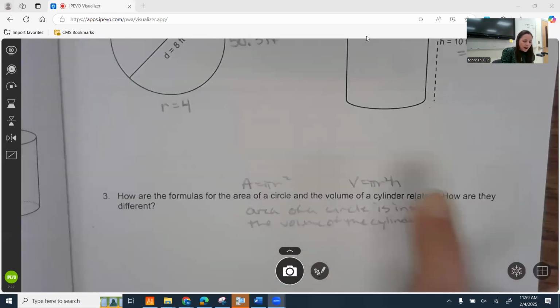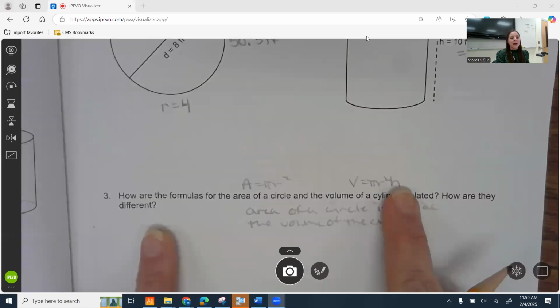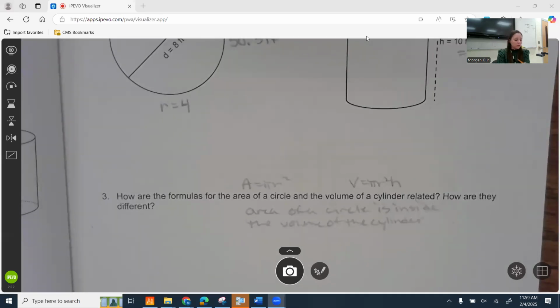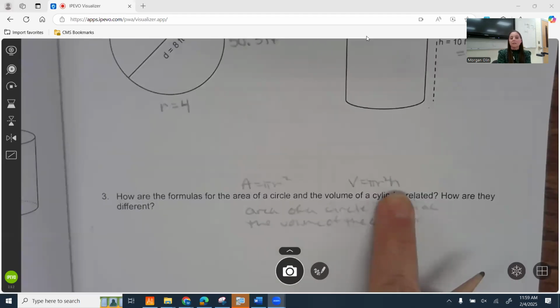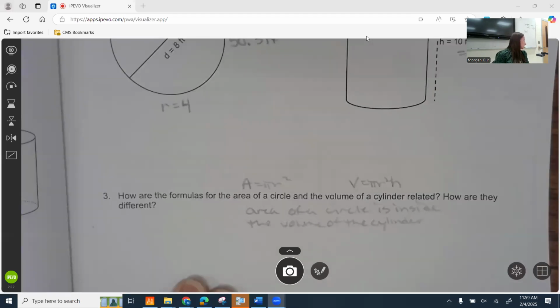Okay, so we see pi r squared there. It just gets multiplied by a different dimension. We had to have one more dimension to find the volume than we did to find the area of the circle. But you still had to know the area of the circle times the height is the volume of the cylinder. All right, let's move on.